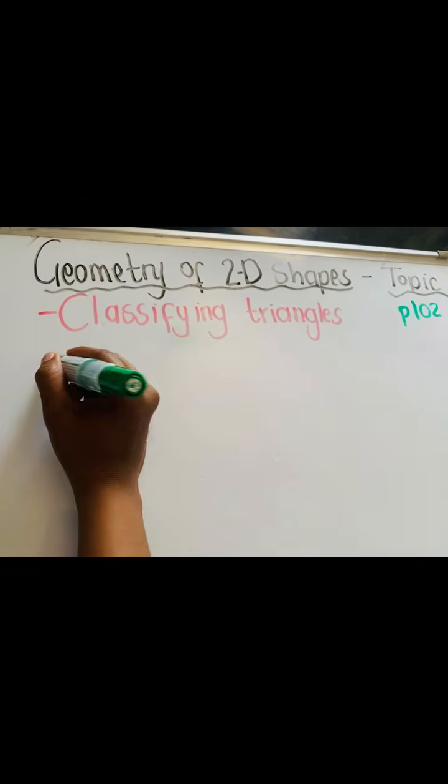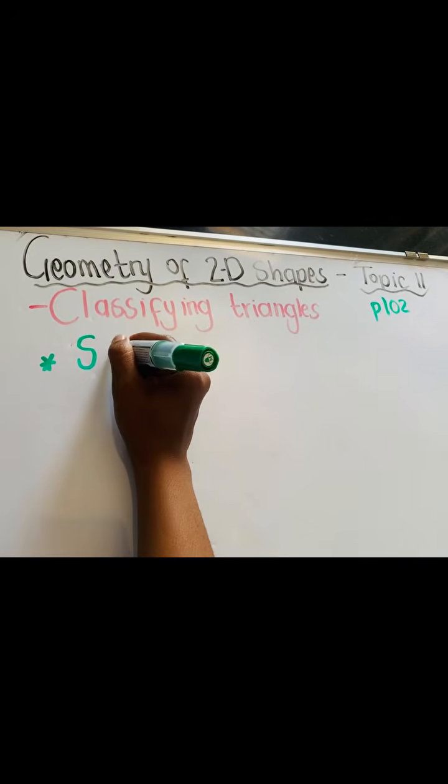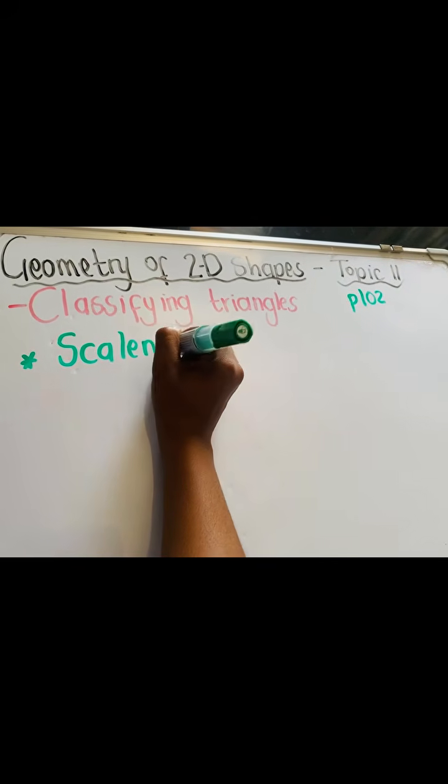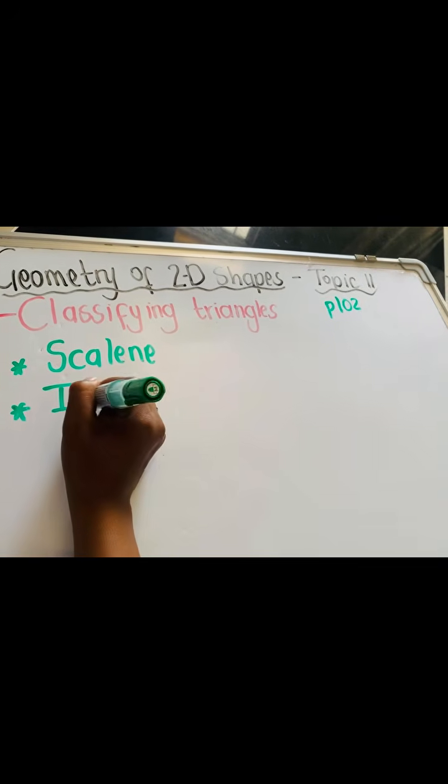So let's start. So with triangles, I'm going to mention three types of triangles. The first one is called a scalene triangle. The second is called an isosceles.